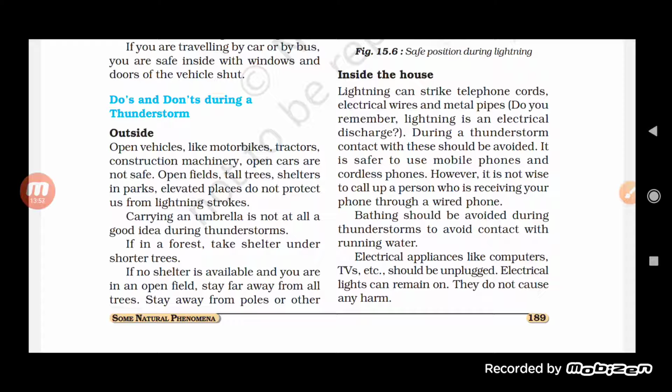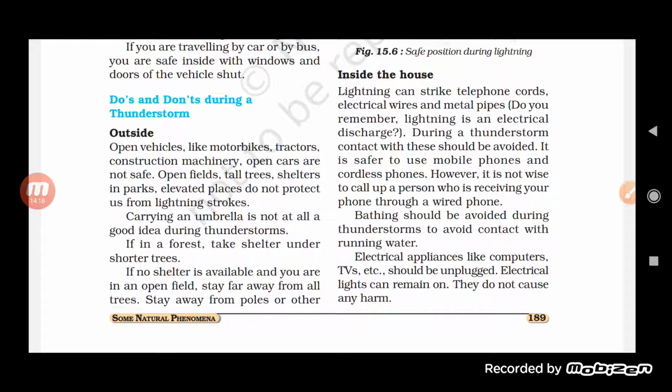If we are carrying an umbrella, that is absolutely not a good idea, especially during a thunderstorm. If we are in a forest, we must take shelter under shorter trees.